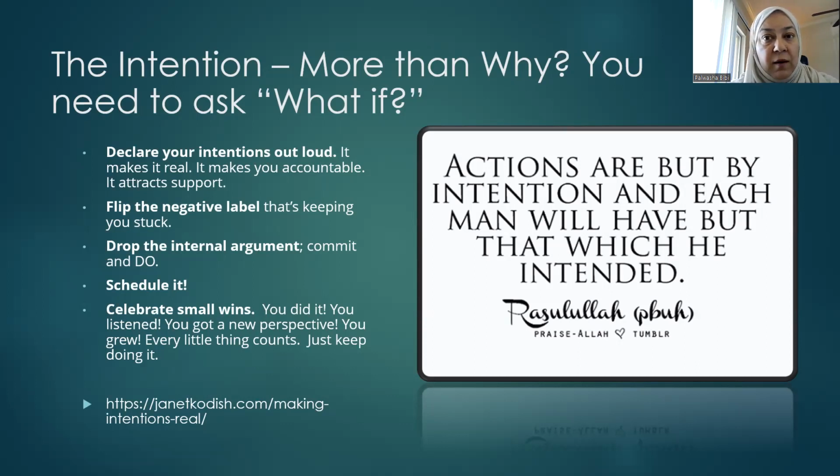I need to get a certificate so that I can do medical research. And also, that internal argument that, I don't know how to do research. I never learned it in medical school. So I'm not sure how to do it. You have to let go of this negative internal dialogue by saying that I want to do research. I want to be a researcher.